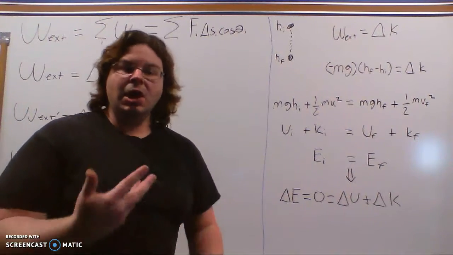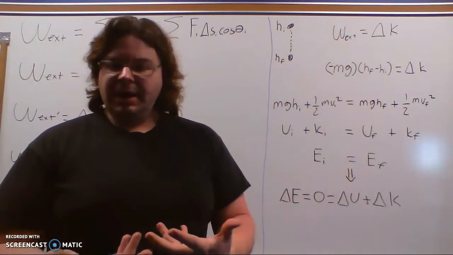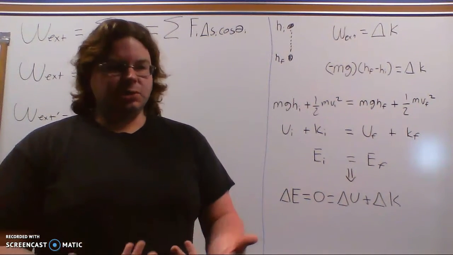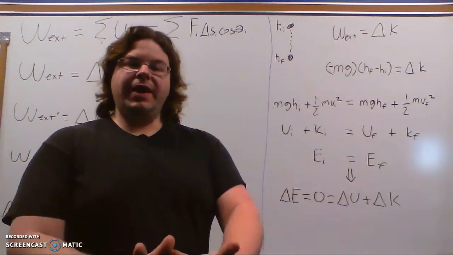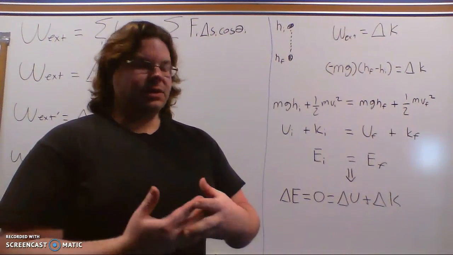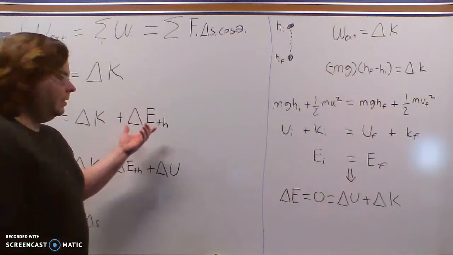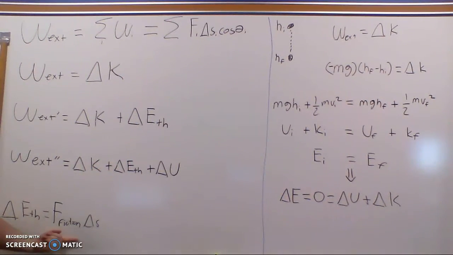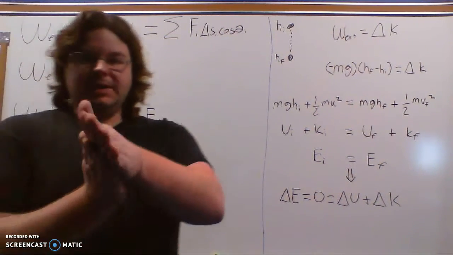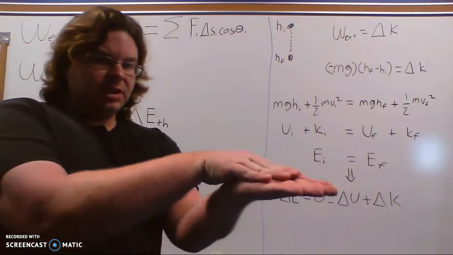Then we said to ourselves, well, there are situations where not all of the energy is actually going to make something go faster or slower, so we can have, for example, friction. Friction is a force that could be exerted on an object, but in the course of you moving things past each other, naturally those objects heat up.